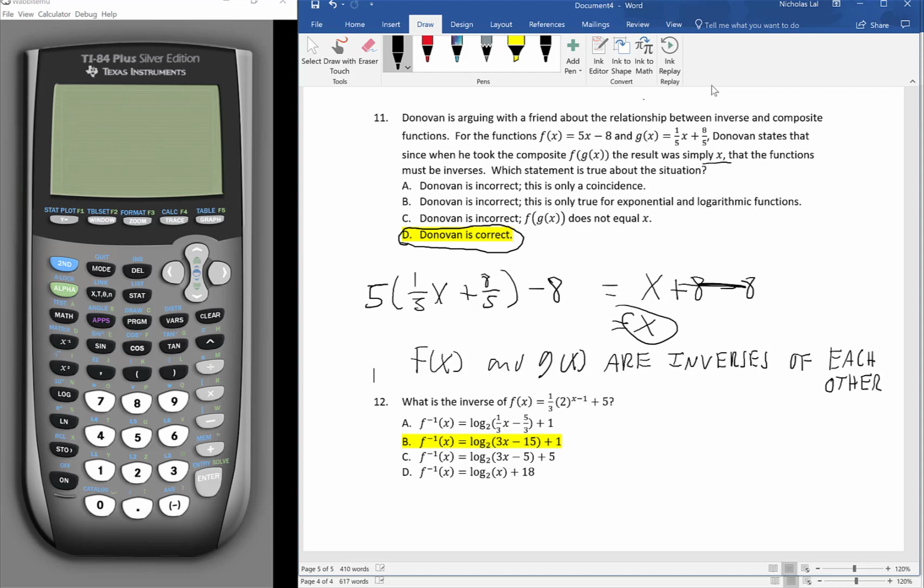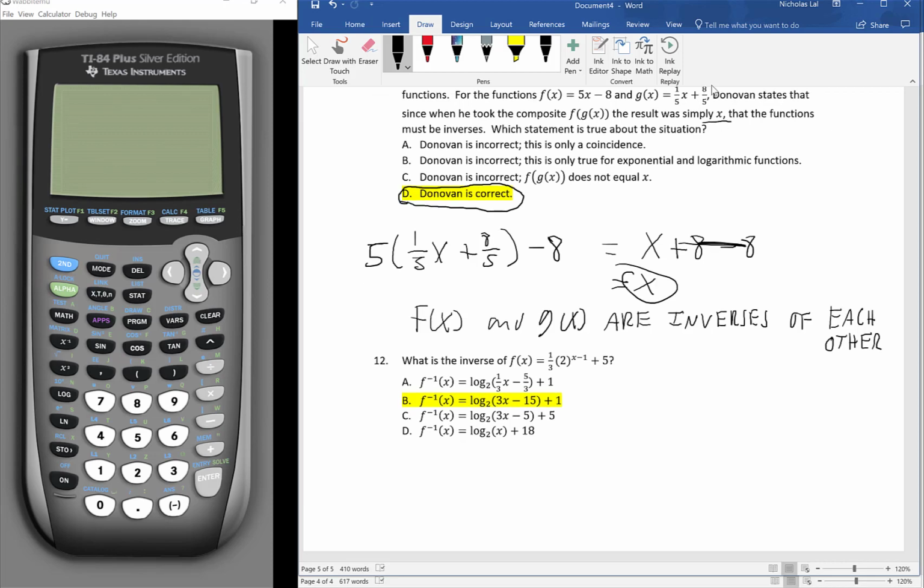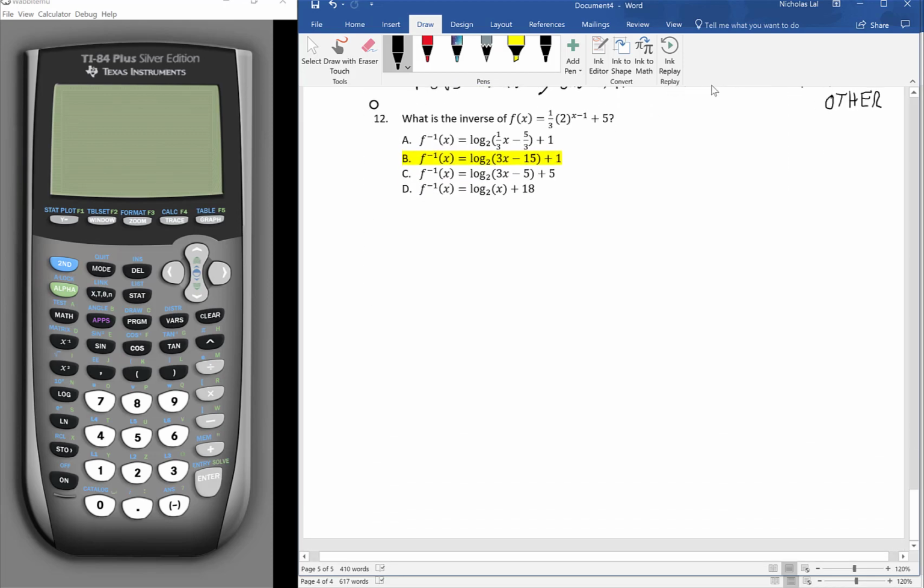All right, problem 12. What is the inverse of f of x is equal to 1/3 times 2 to the x minus 1 power plus 5?